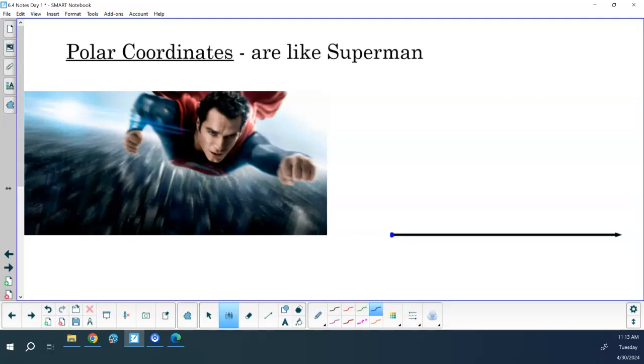He points in the direction of where the crime is, and he just flies there. So Superman travels a distance. Let's call that distance R. Superman has an angle that he's pointed at. Let's call that theta.